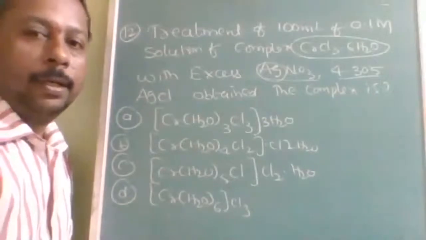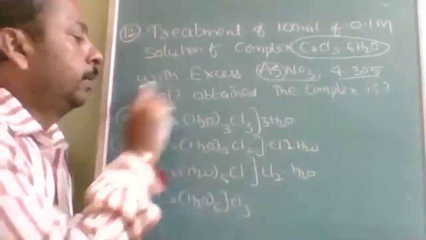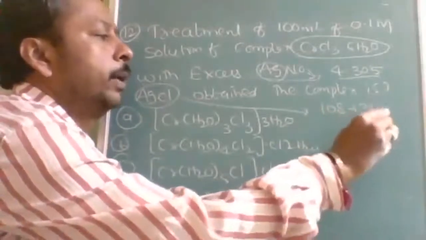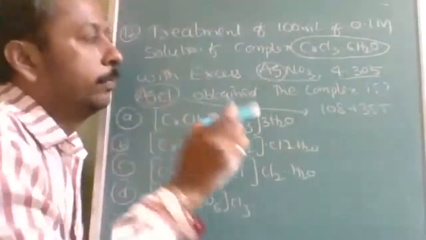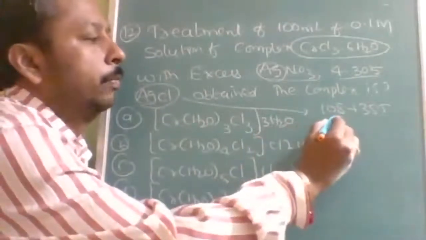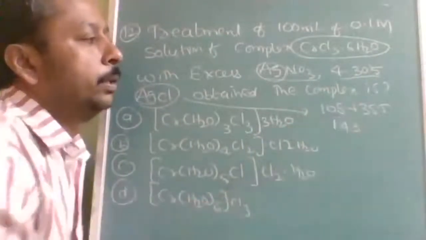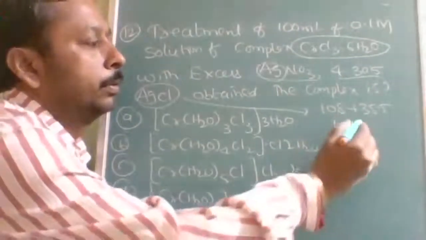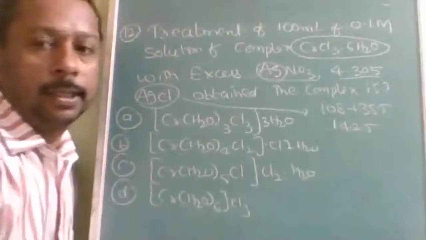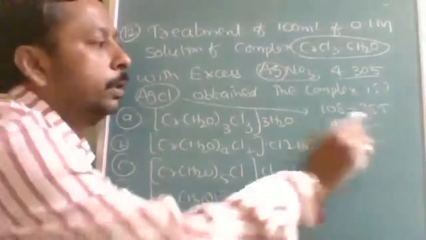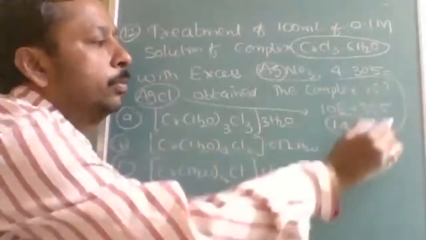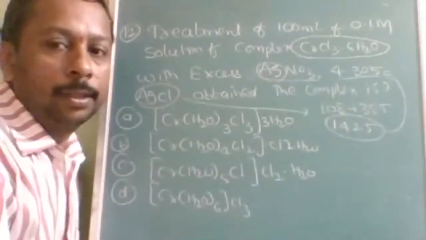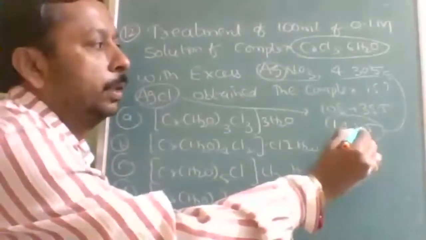See, a simple way. Here, if you calculate silver chloride, atomic mass 108 plus 35.5, so it will be somewhere around 143, I think. 142 something. Okay, 142.5, is it correct? So if you check here, it is almost 3 times 143.5.